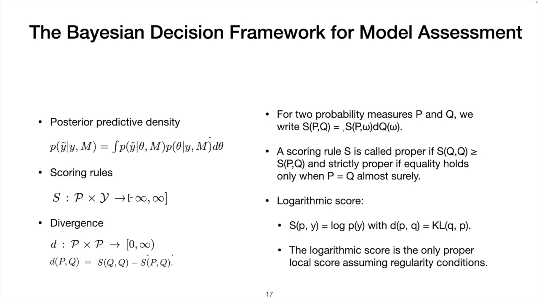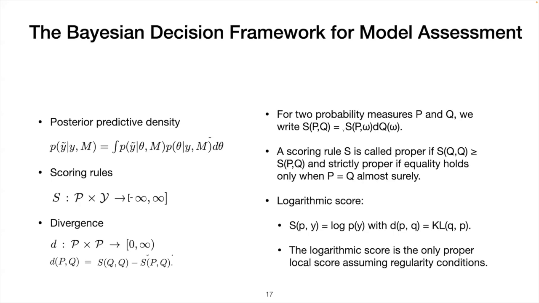Yes. I didn't completely get the second argument of S, is it not a Cauchy distribution? Oh, here I'm just using this convention, because your prediction is a probability, but your observed data is a number. Then how do you evaluate this on a true data generating process? You just integrate out this thing.